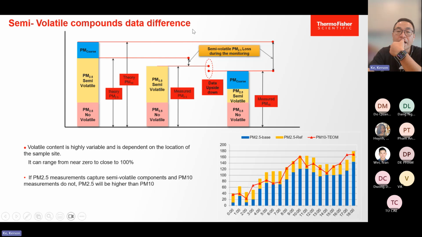Okay, I pause here because when I first touched the FDMS, it was quite easy to get confused at this point.